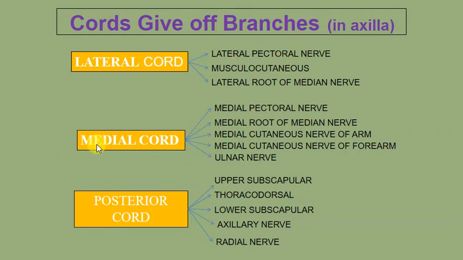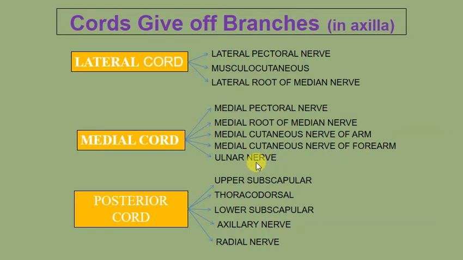From the medial cord we have the medial pectoral nerve and the medial root of the median nerve. That means the medial root and the lateral root of the median nerve combine to form the median nerve. Then we have the medial cutaneous nerve of the arm, the medial cutaneous nerve of the forearm, and then the ulnar nerve.